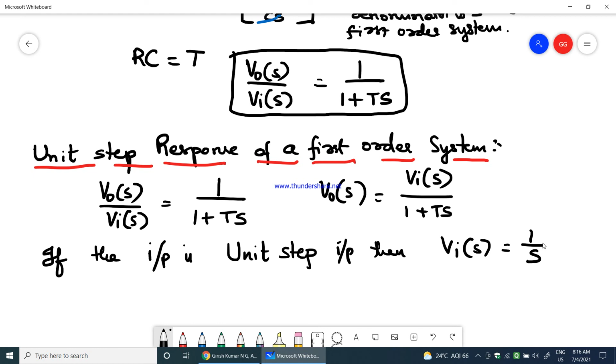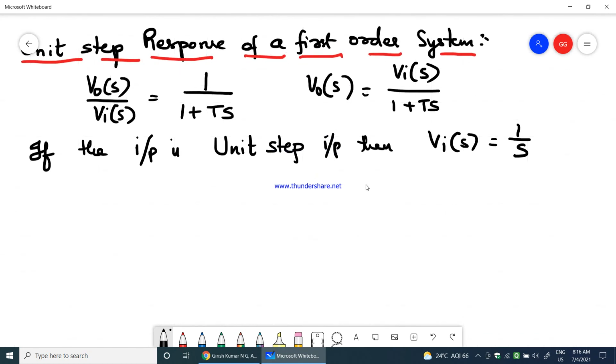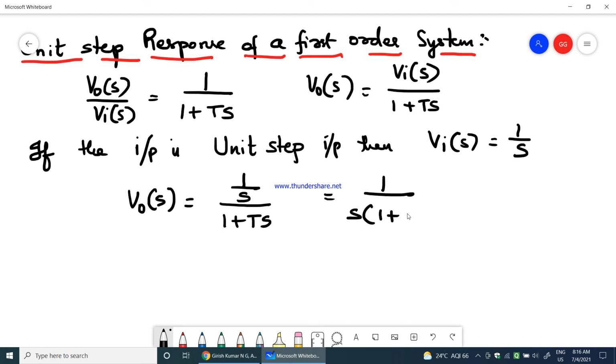In that video you can see V in of S would be equal to 1 over S for unit step input. Therefore V out of S would be equal to 1 over S divided by 1 plus Ts, or I would say 1 over S into (1 plus Ts). That is V out.